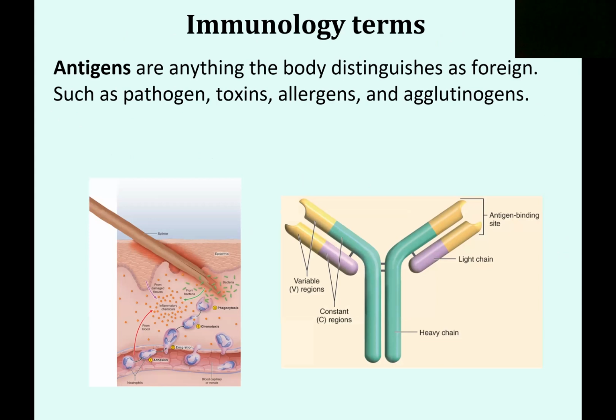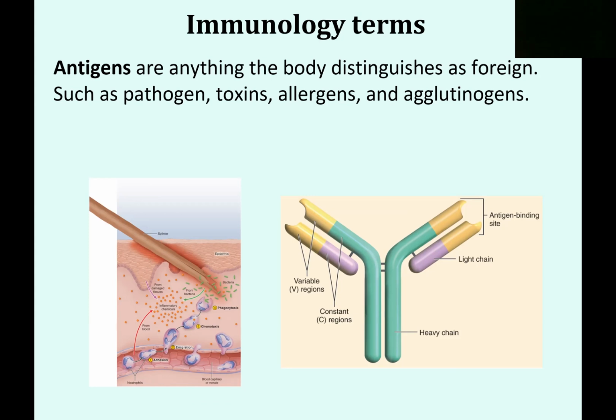Antigens, anything that the body is going to view as foreign. Types of antigens include pathogens, which are disease-causing organisms, toxins, which are chemicals that act as poisons, allergens, which are materials that cause allergic reactions, and those can vary. The response can vary. So with allergens, it could be a chemical like latex. It could be a type of food.